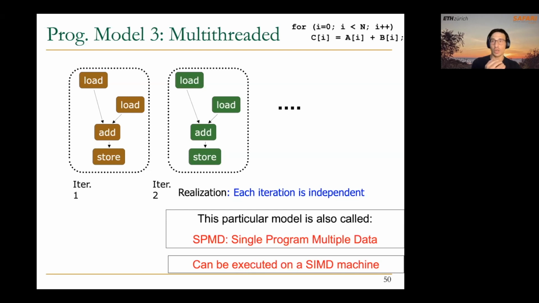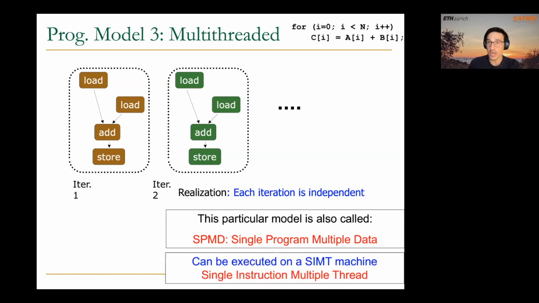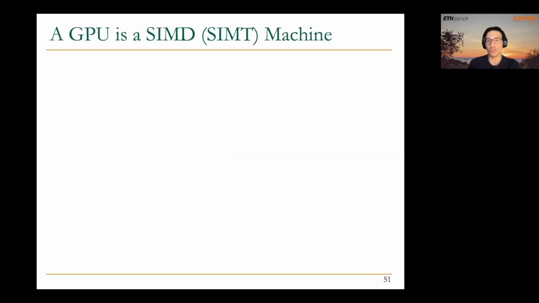Because, as we will see, we can convert these threads that are, let's say, programmed independently into SIMD instructions, because in the end, the way that we are creating the parallelism in our code matches the same thing. So this could be executed on a SIMD machine, and if executed on a SIMD machine, we call it single instruction multiple thread, and this is the model that GPUs follow.